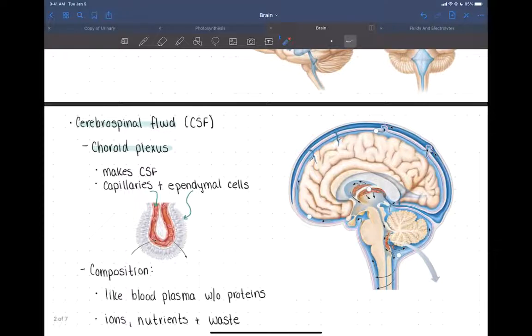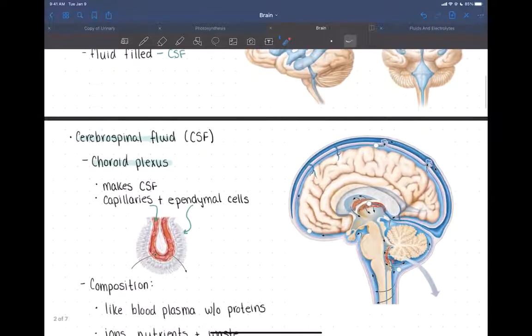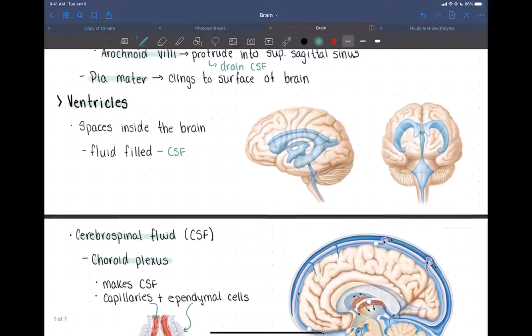So let's talk about where it's made. In doing this, we can look at the names of our different ventricles. So CSF is made in 3 different regions of the brain. It's made in the lateral ventricles. So let's label, I think this picture is a little easier to see them on.